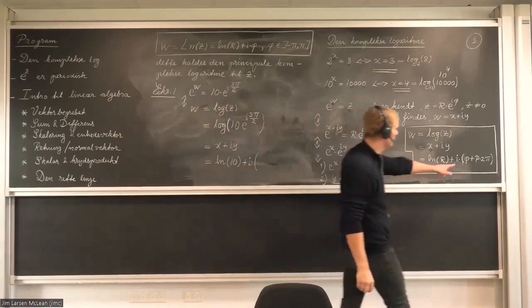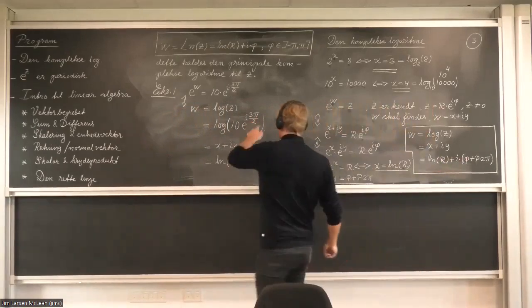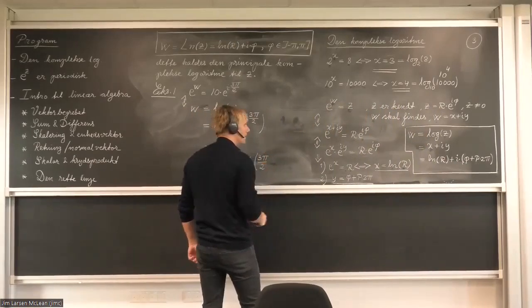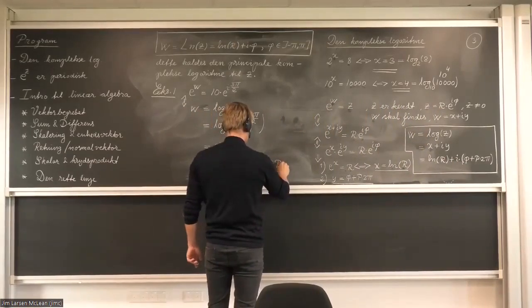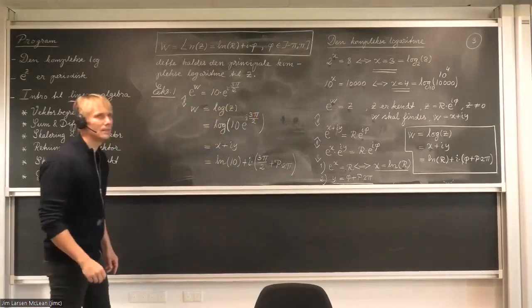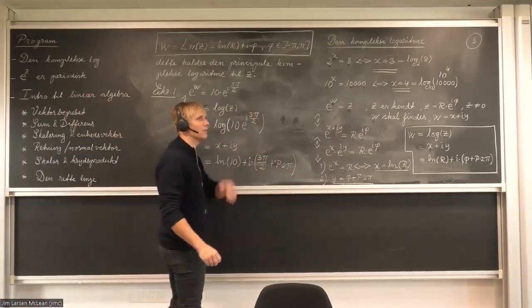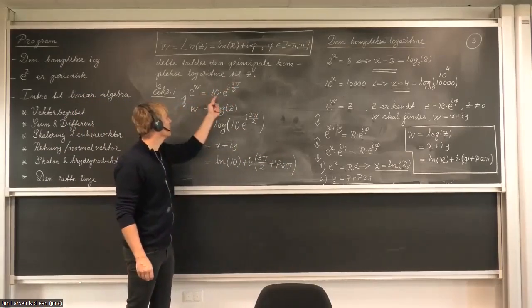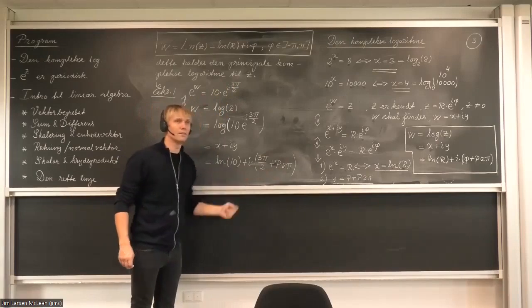The angle is pi, but it's already there, 3/2 pi, and then plus an integer times 2 pi. All the answers are listed right there. All the complex logarithms for that number are written right here.